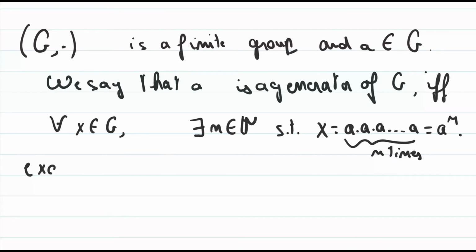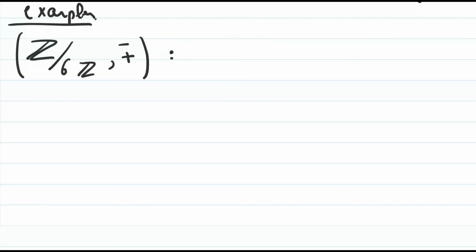Examples. Let's say I take the integers modulo 6 together with plus, the usual modular addition modulo 6. We have a generator here. I can find an element here such that any other element is a multiple of this element. So here I have to pay attention.